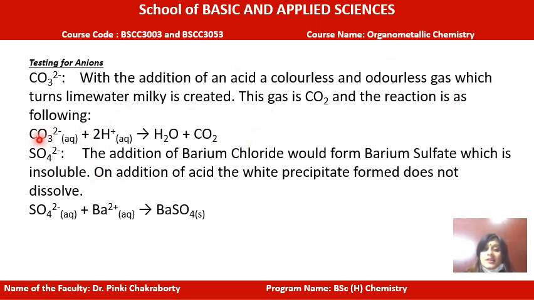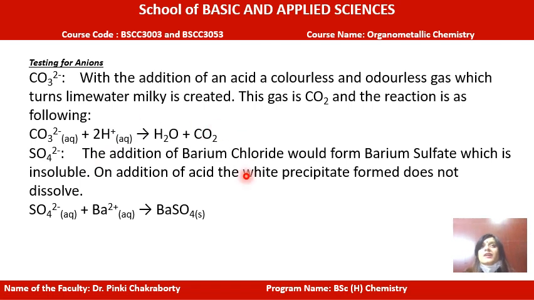So acid is reacting with carbonate to liberate carbon dioxide gas. You have to perform this lime water test because you cannot get an indication of carbonate anion, since the gas getting liberated from it is odorless. Next common type of anion is sulphate.